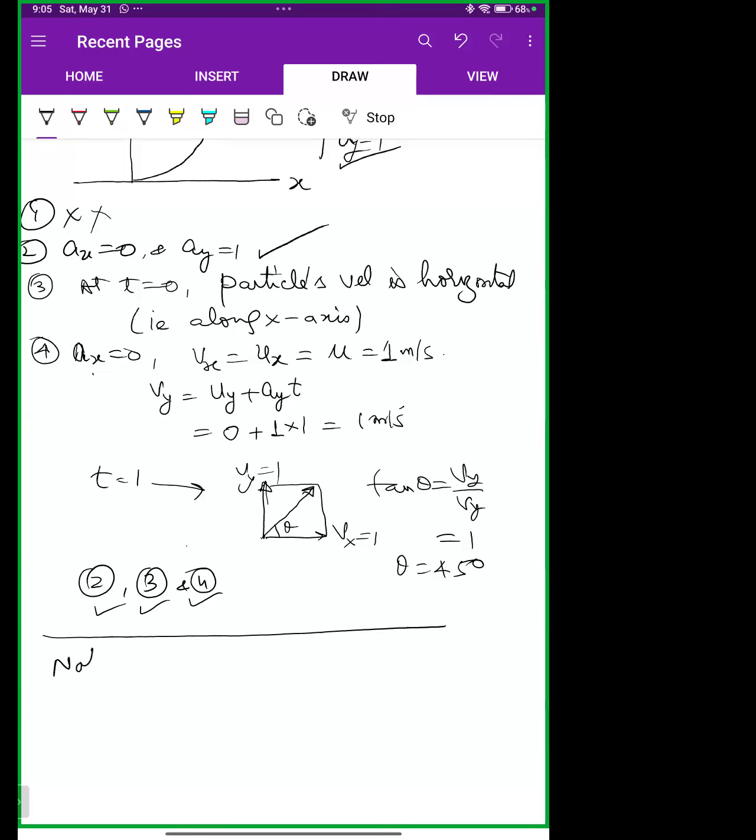The trajectory equation of every projectile is a parabola.